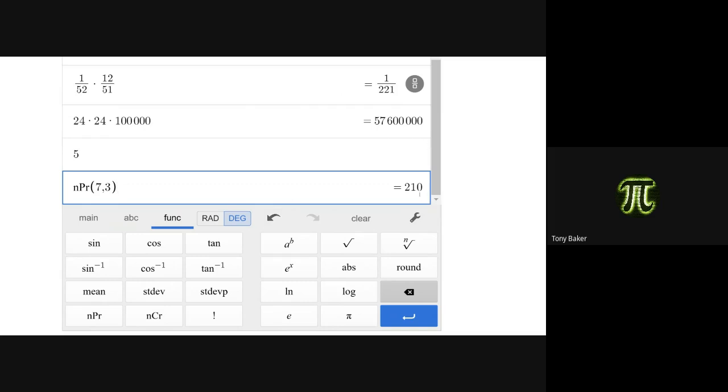So there's 210 combinations. So on whatever calculator you're planning on using, do this and get that number, so you know how to do this when you go home to do your homework and everything else.